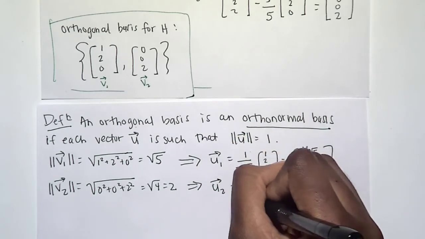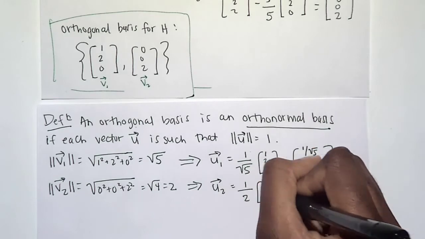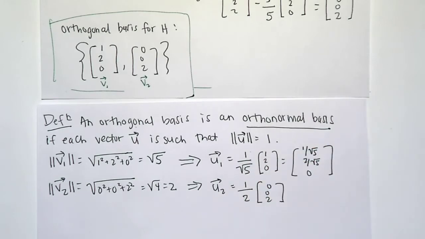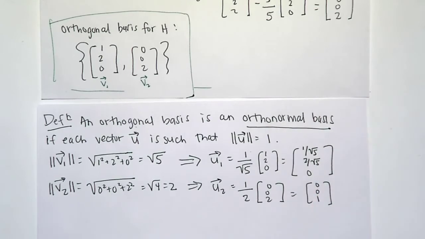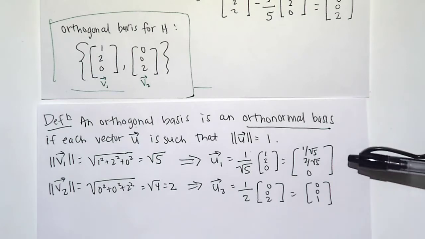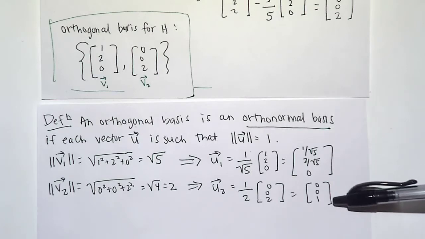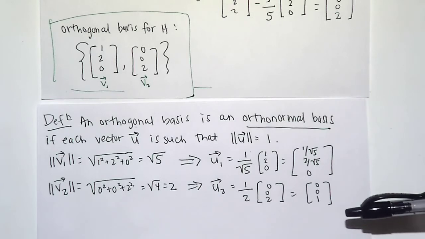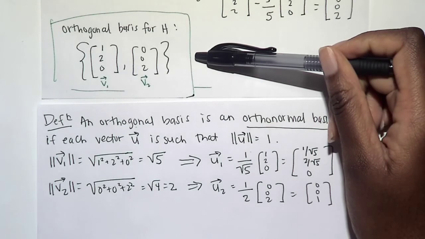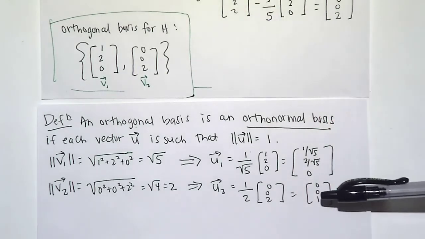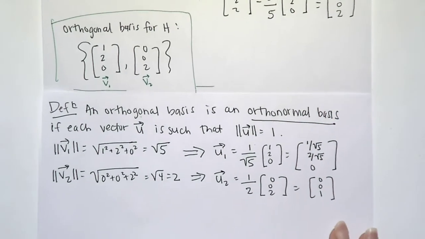So 1 over 2 times the original V2 is 0, 0, 1. Now these unit vectors are also going to be basis vectors for H. So not only are we able to find an orthogonal basis, we can also find an orthonormal basis.